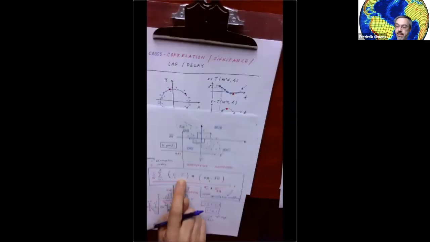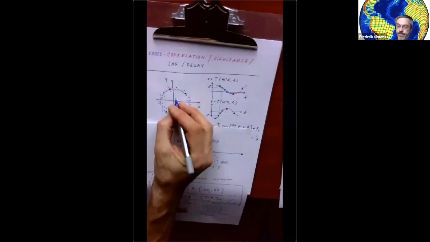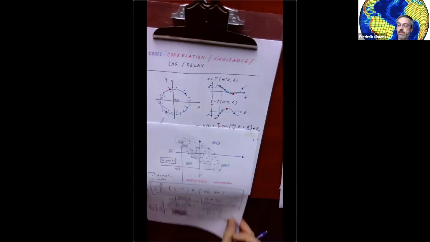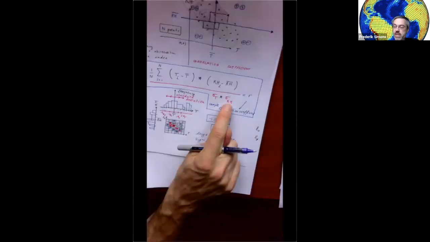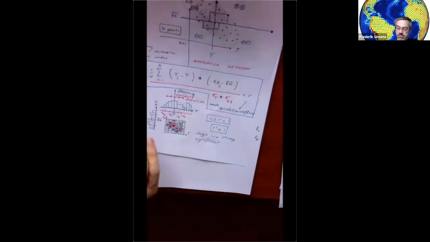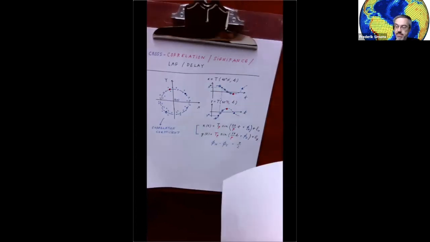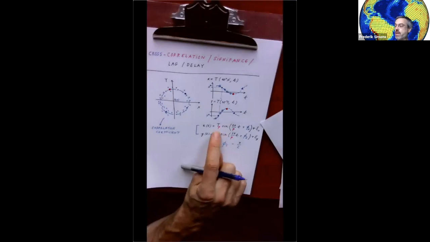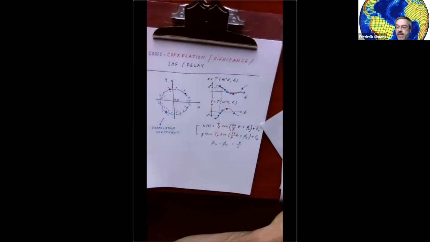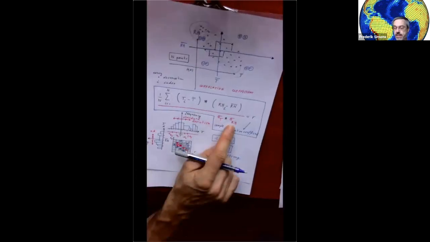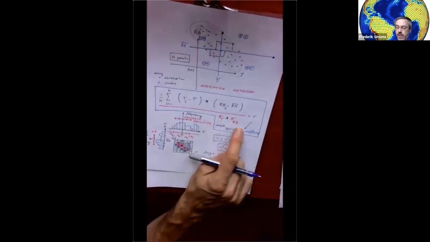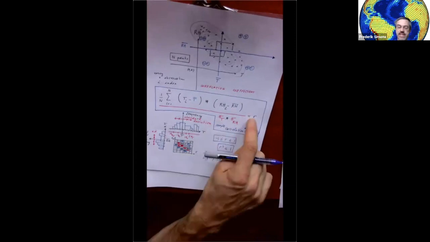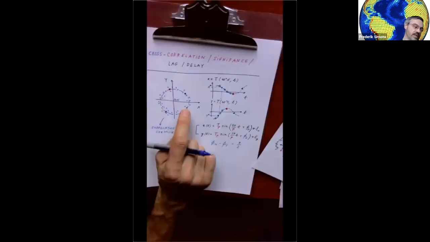We subtract the mean value. I've kind of already done that by calling this point 0, 0. Scaled by the spreads. In this case, that doesn't matter because it's the same functional form, so the spread is the same. And the measure of that spread is the size of the circle. And then divide by it. Done, that's done. Okay, so what is the correlation coefficient for this data cloud?